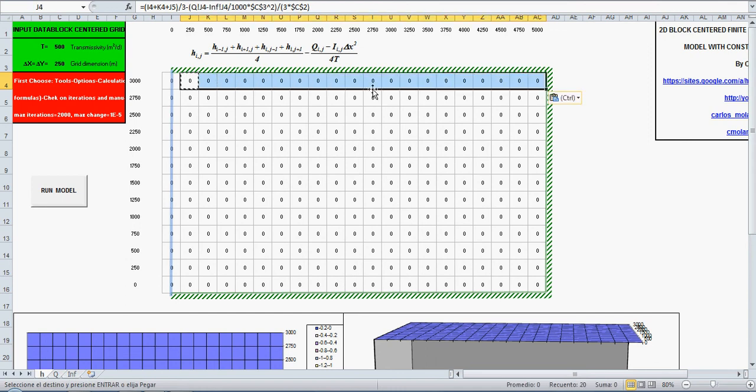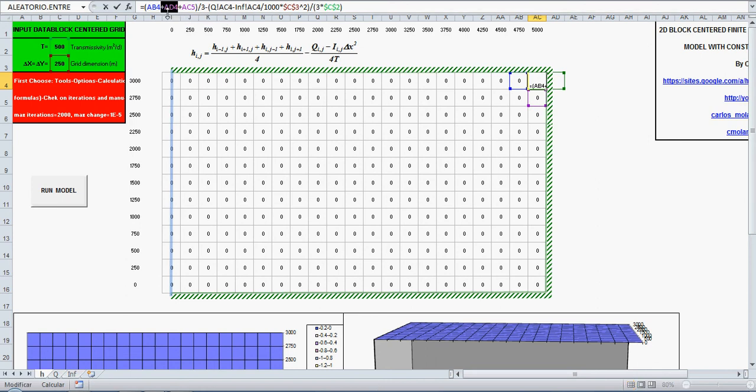Now in this corner we don't have the AD cell, so let's delete it, and here divided by 2, here also divided by 2. Now this one we don't have the AD column, so let's delete it, divided by 3, because we have only 3 cells, and here also divided by 3. Copy, paste.